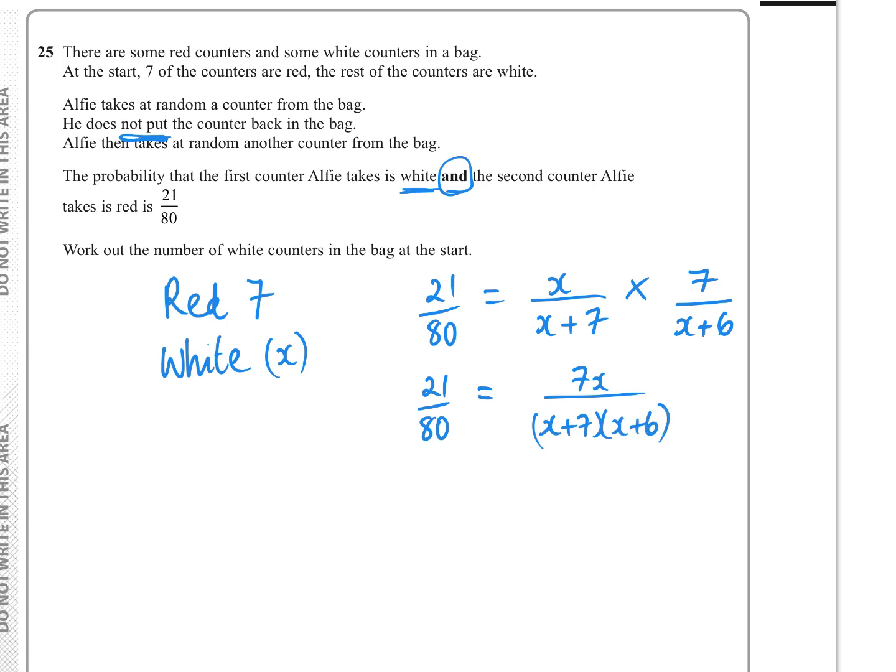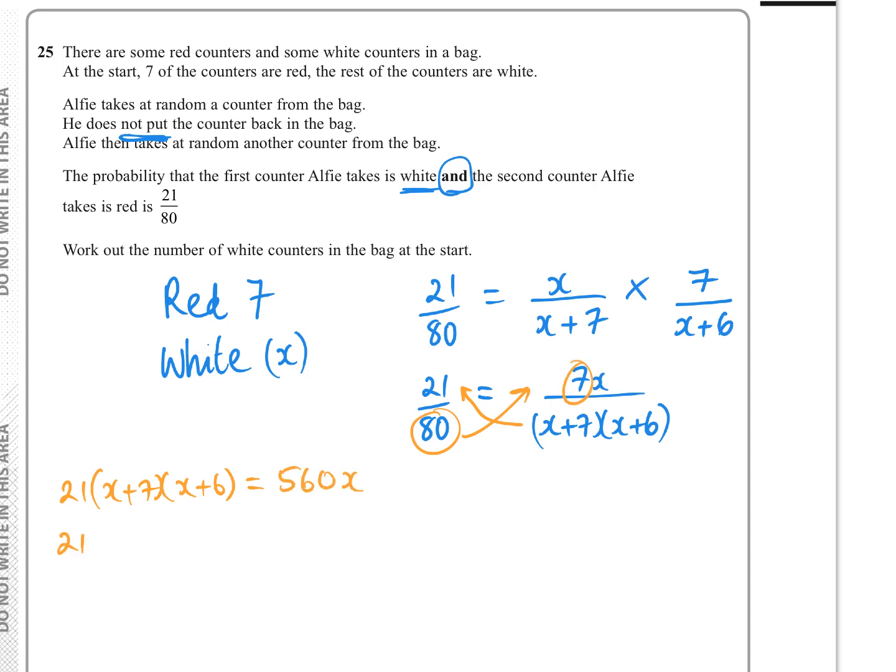So what I think we should do is try and solve that equation. I'm going to cross multiply, if you know what that means. I'm just going to times both sides by x plus 7 times x plus 6, and then both sides by 80. So I'll have 21 lots of x plus 7 times x plus 6 equals 80 times 7, you can use your calculator if you need it, 560x.